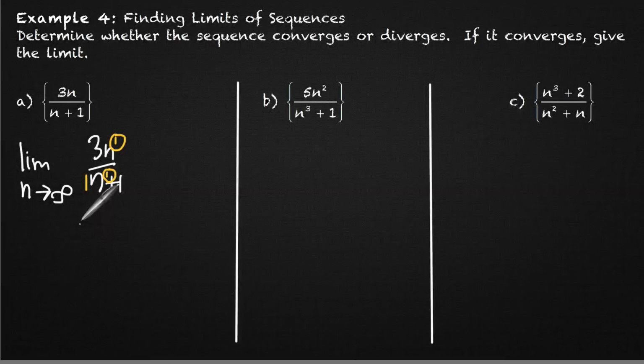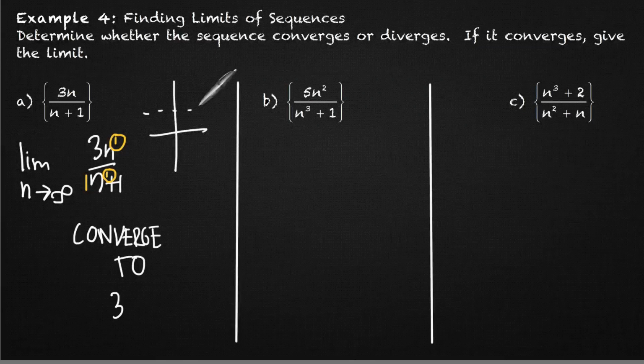So this converges to 3. If you were to graph this, the horizontal asymptote would be y equals 3, so the numbers are heading towards 3.